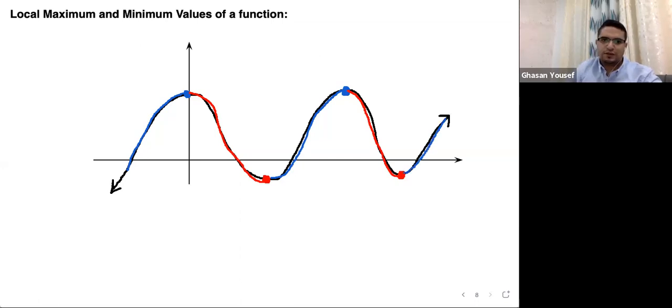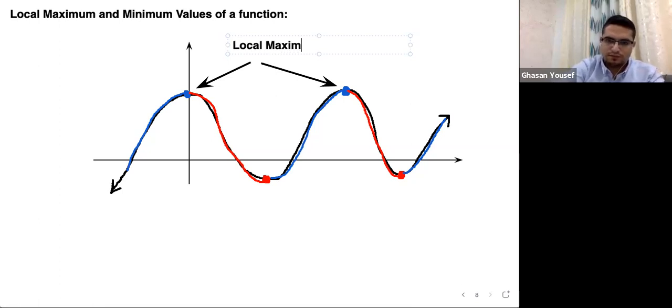So this point here, this point, and this point are called local maximum points.